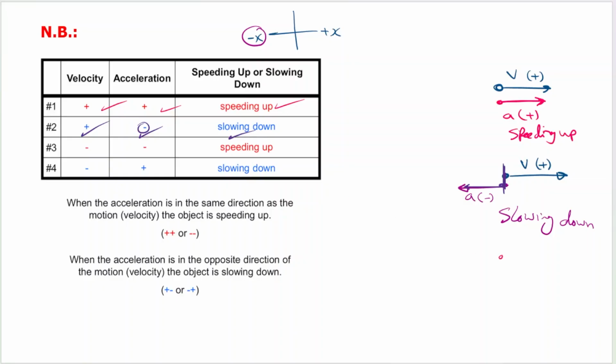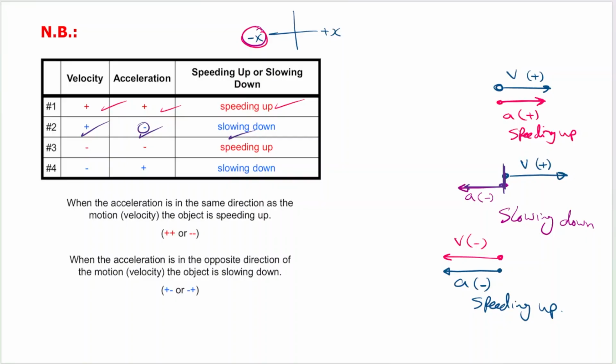What if the object is moving to the left, which is negative, so the velocity is negative, and it is affected by an acceleration to the left. So in this case, acceleration is also negative. In fact, in this case, the object will speed up. Wow!